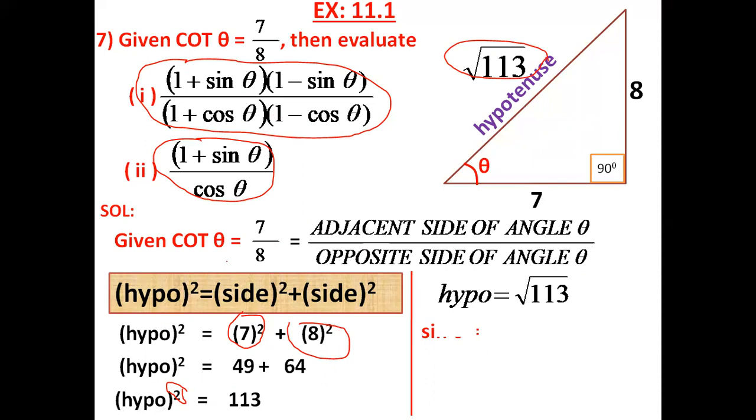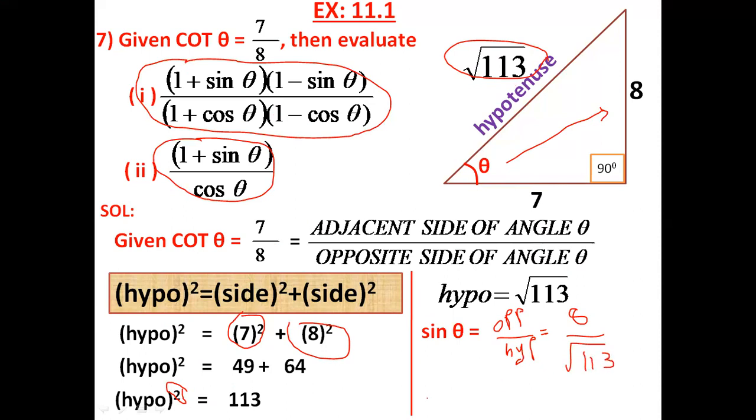Sine theta is the ratio of opposite side by hypotenuse. What is the opposite side of angle theta? That is 8. So 8 by the hypotenuse, which we got as root 113.